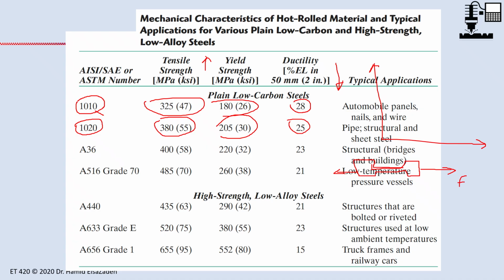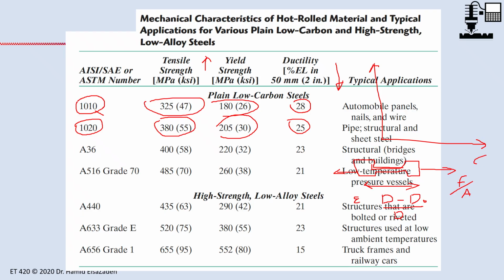This is force versus the amount of displacement you have. Then you can calculate stress versus strain. The stress is F divided by A, and the strain is D minus D0 divided by D0. So that gives you a strain.